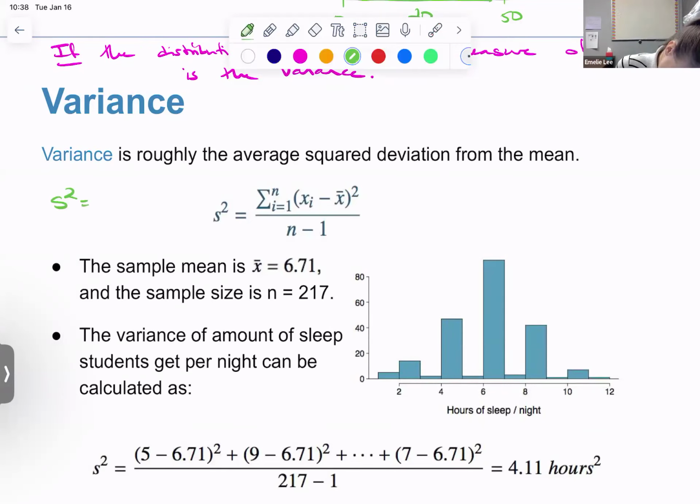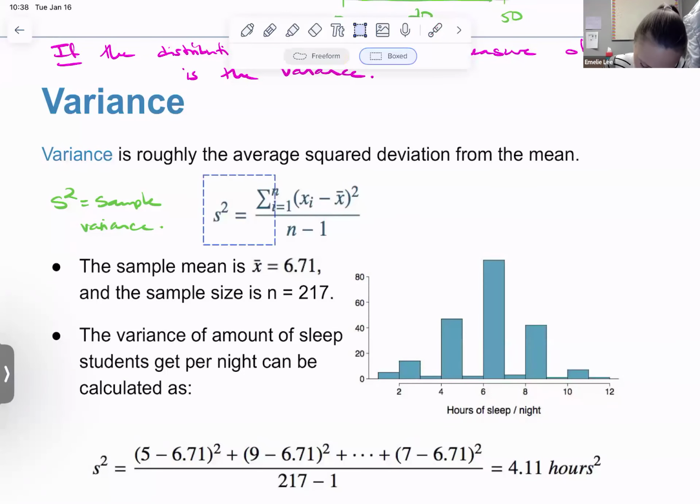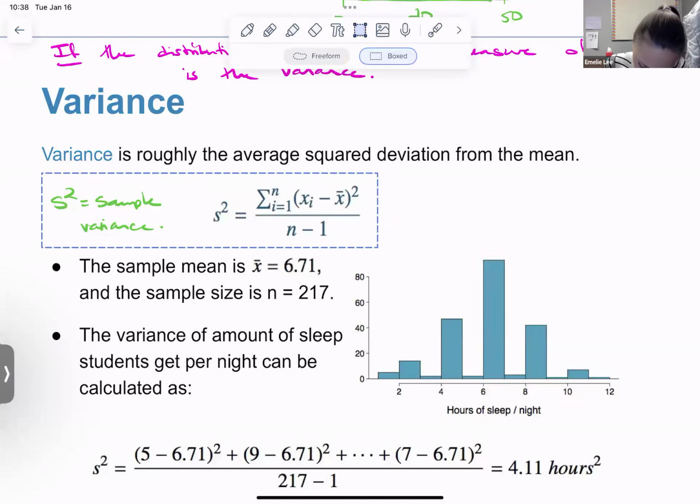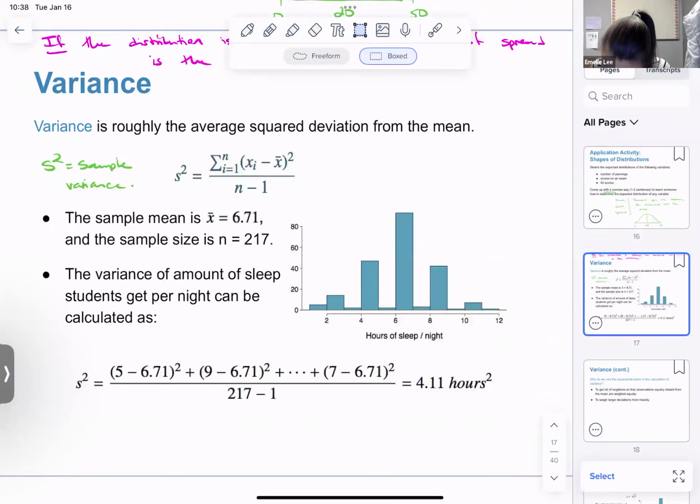So s squared is the sample variance. And what I want to do is just focus on this x_i minus x bar bit for just 1 second. And I'm going to copy this onto a new page.